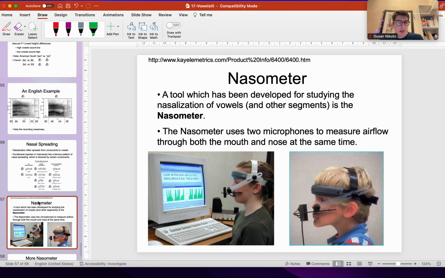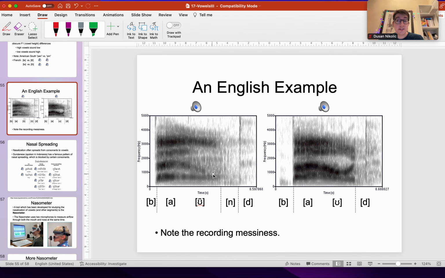How do we measure nasality? Well, one of the techniques is to take a look at the spectrogram, right? Hear what the people are saying and see whether something is smeared.